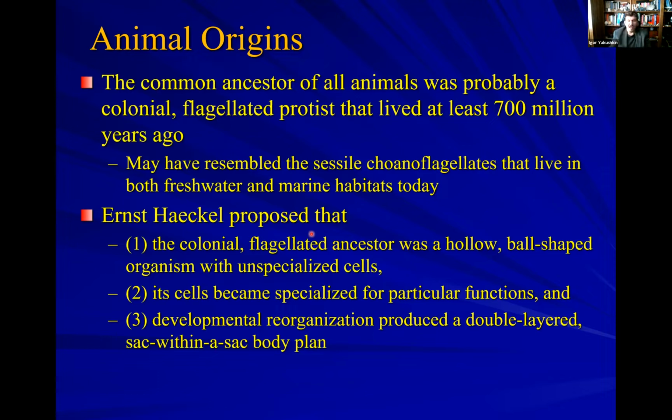And at some point, since it was gliding along the substrate, some of the cells on the bottom of that ball became more specialized. They were grabbing and digesting. As a result, we start seeing those cells moving inside. Now we're looking at gastrulation. So this is what was proposed.